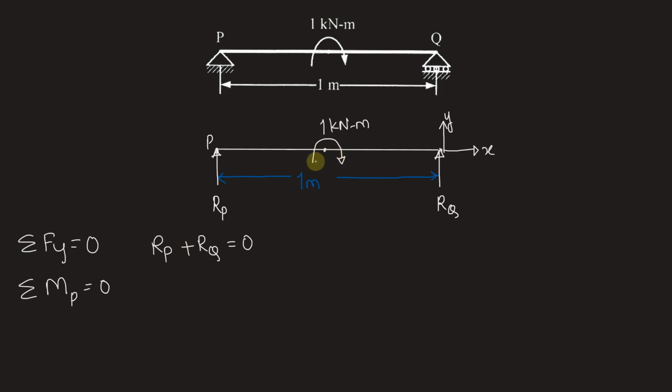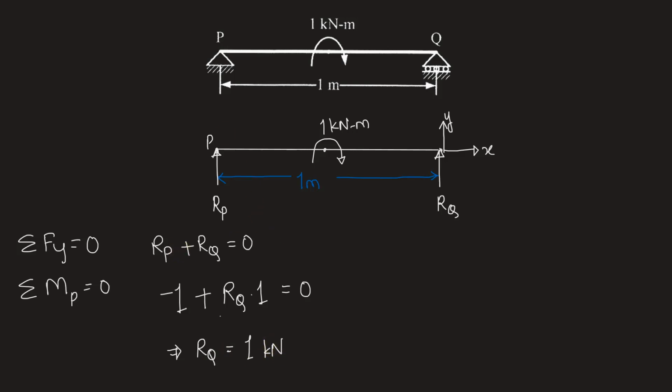So we have 1 kilonewton meter moment clockwise. Let's take it negative. So minus 1 plus, this is an anti-clockwise moment created by Rq into 1. So we have Rq into 1 meter is equal to 0. This will give us Rq is equal to 1 kilonewton.